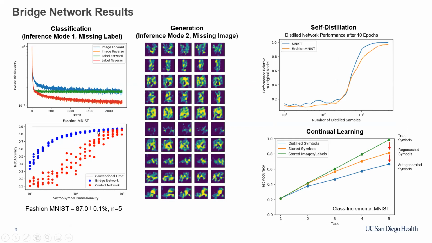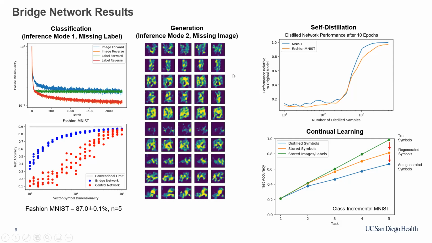And we show that the bundling operation is necessary to do this well for a given dimensionality of the latent space in the middle. If you just have a control network that doesn't use the bundling operation, it performs much worse than the vector symbolic equivalent.